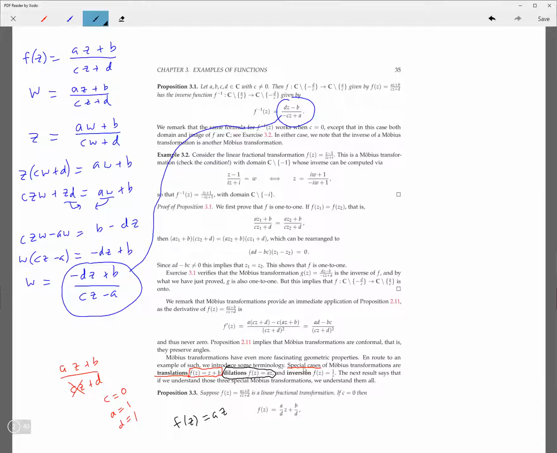And then there's the inversion, which is also really super interesting. That's just 1 over z. You can get 1 over z by making a 0, b 1, d 0, and c 1. Okay, so those are 3 special cases.